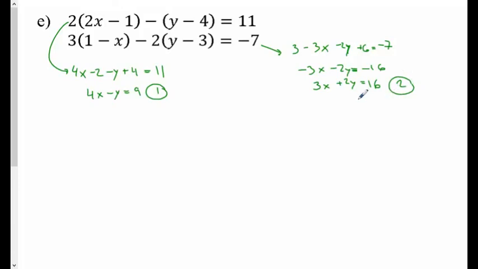So looking at my coefficients for x, I have 3 and 4. If I wanted to make those match, I would have to multiply one of these by 3 and the other one by 4. But I have negative y and positive 2, which means I only have to multiply one of my two equations. So let's take equation 1 and multiply that by 2.